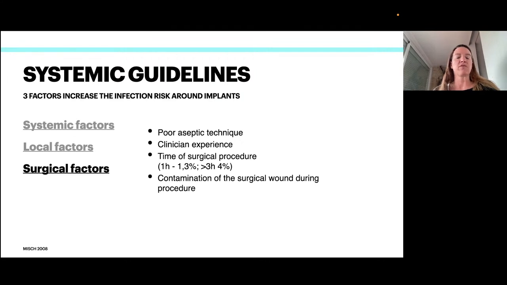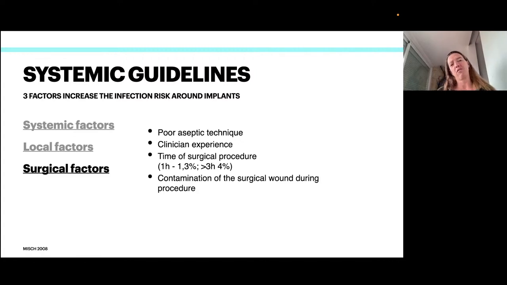The experience of the clinician also plays a role in the risk of infection around the implants. The more experienced the clinician is, the lower the risk of infection. Longer procedures have, of course, a higher risk of infection. For more than 3 hours, we see a 4% risk of infection, and also contamination of the surgical wound during the procedure.